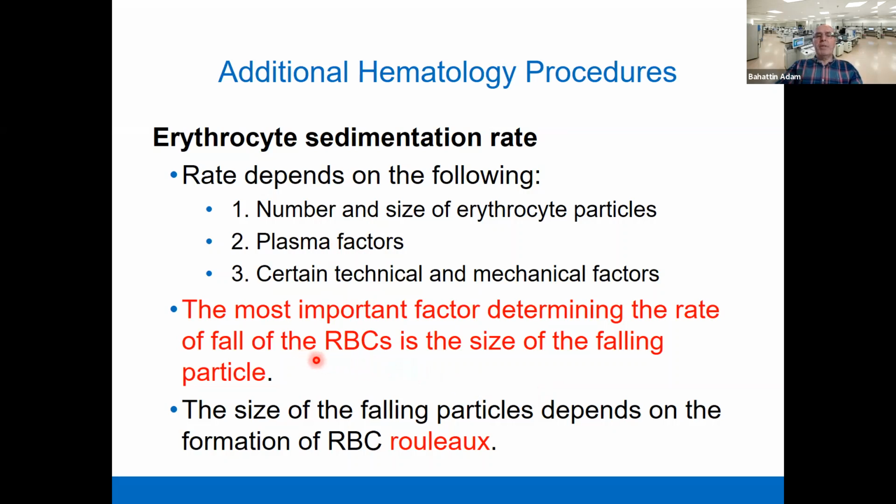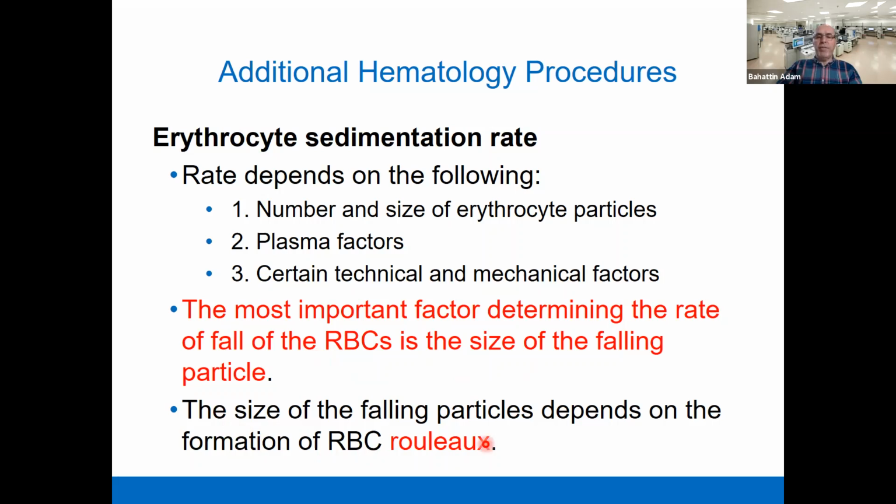The most important factor determining the rate of fall of the red blood cells is the size of the falling particles. The more the size increases, the more the rate increases.